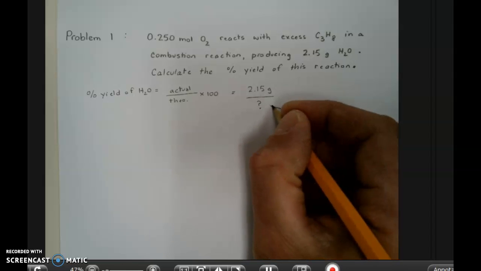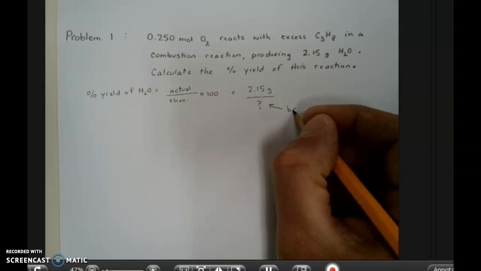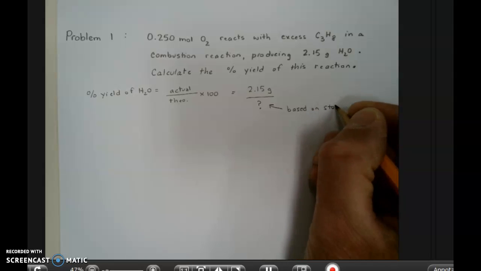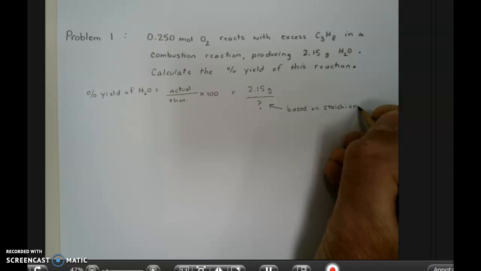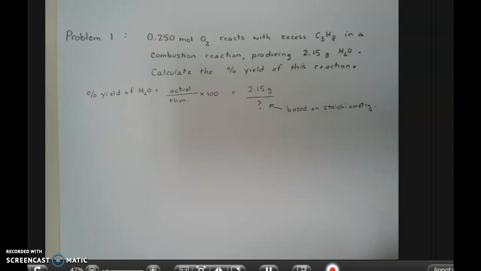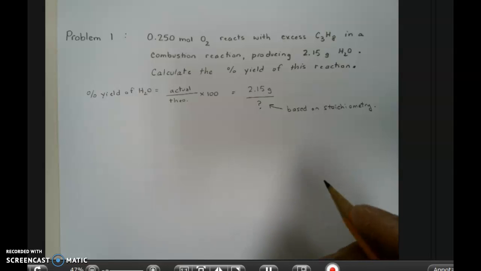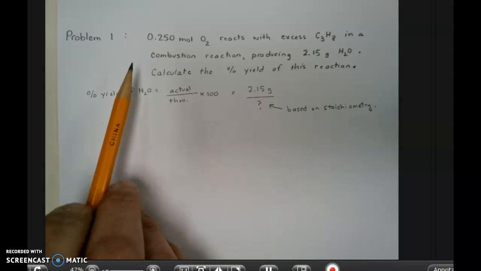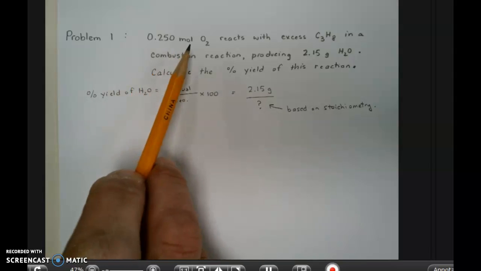The theoretical amount, remember, is based on stoichiometry. So we have to do a stoichiometric calculation to get the theoretical amount of water that should be produced. So what is that going to be based on? It's going to be based on my 0.250 moles of oxygen.